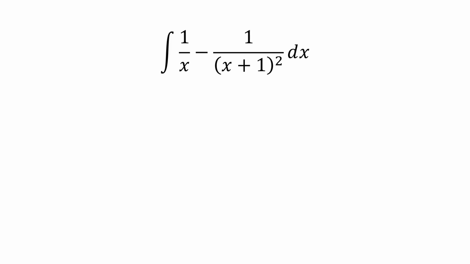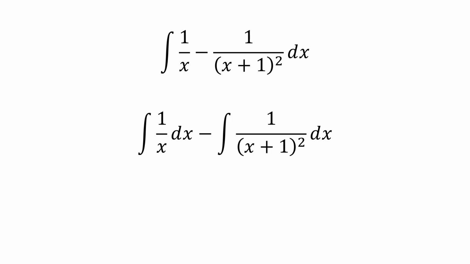Next, we evaluate the integral of 1 over x minus 1 over x plus 1 squared dx. Applying the sum rule gives the integral of 1 over x dx minus the integral of 1 over x plus 1 squared dx.